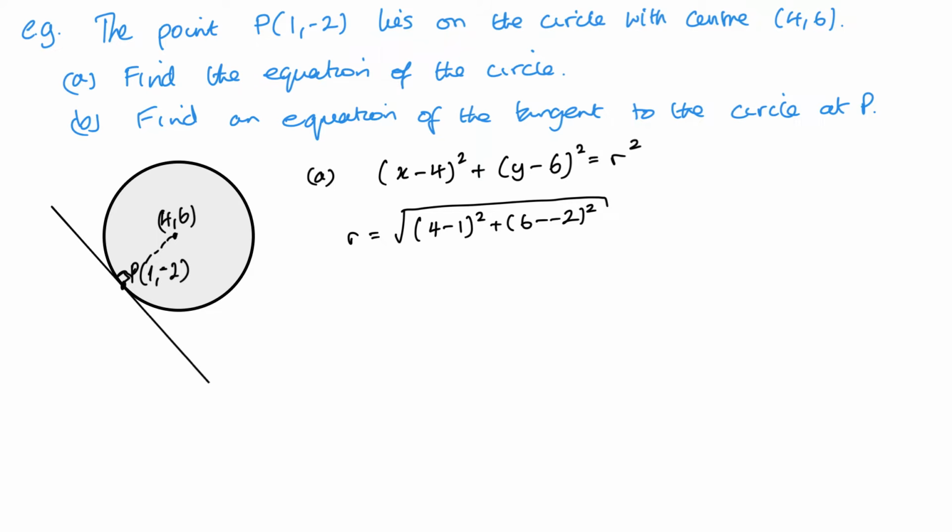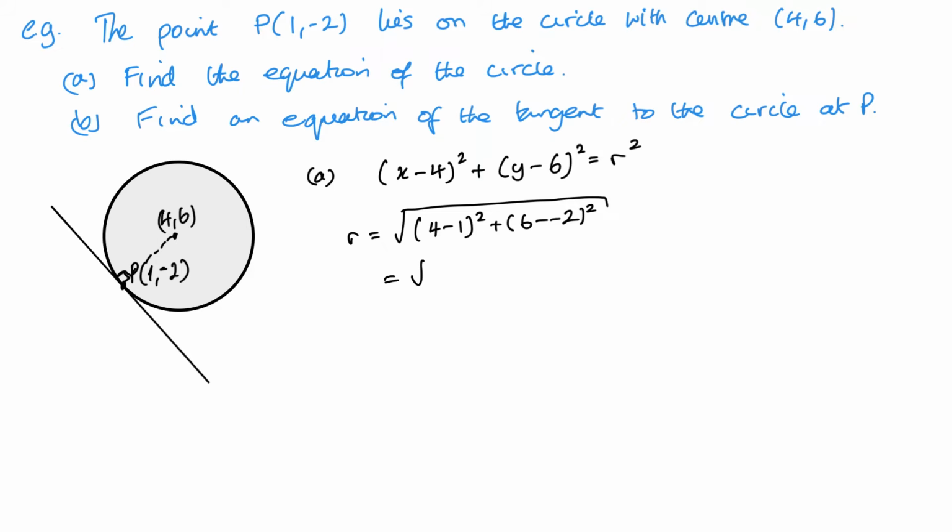Remember, when you're doing this, whichever x you start with, you have to start with the corresponding y. So I started with 4 from this one, so I also need to use the 6 first. And then it's 1 and the minus 2. I could start with this one first as well. It makes no difference whatsoever.